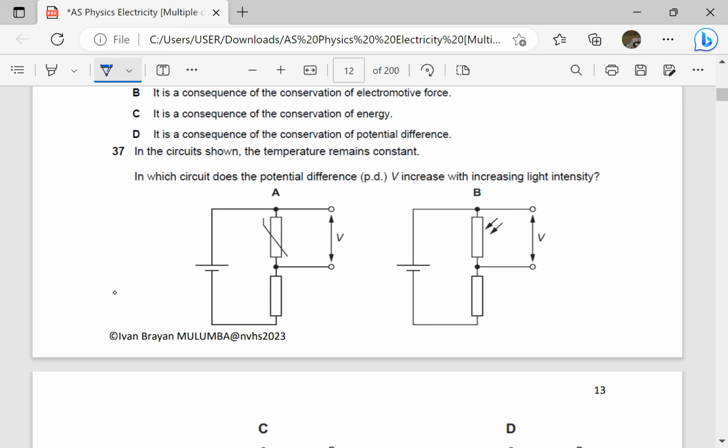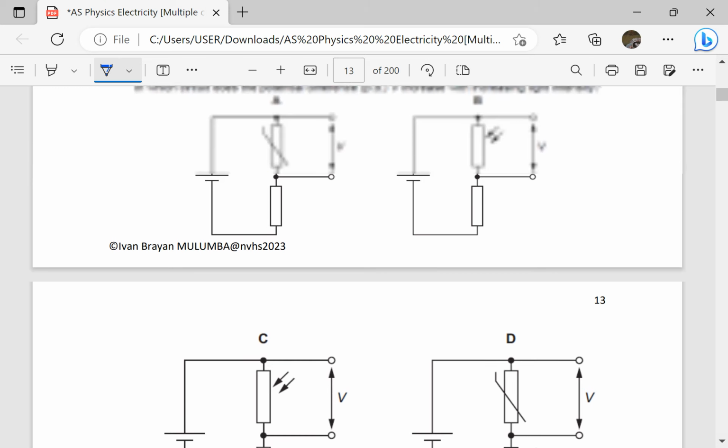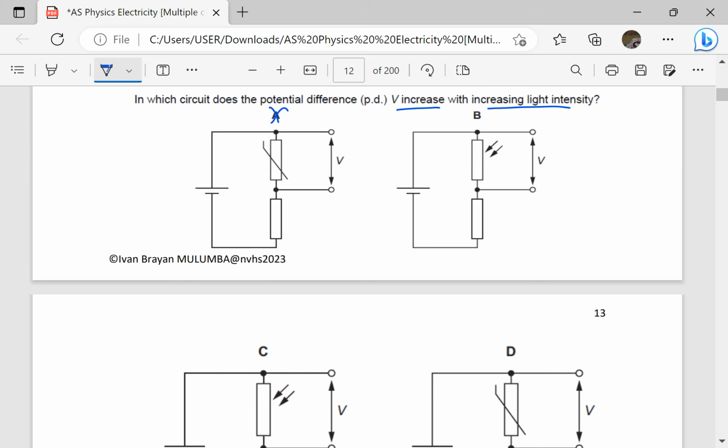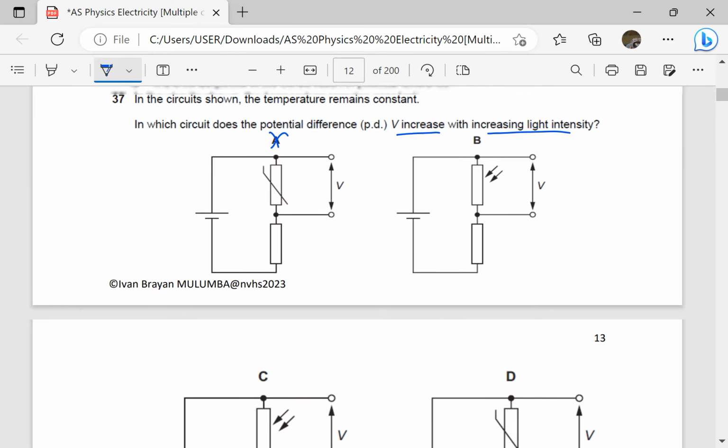This is a thermistor, so it doesn't contribute to the answer. Because here we only have a thermistor and a fixed resistor, there is no effect, because the thermistor depends on temperature, not light intensity. So let's look at the remaining ones.